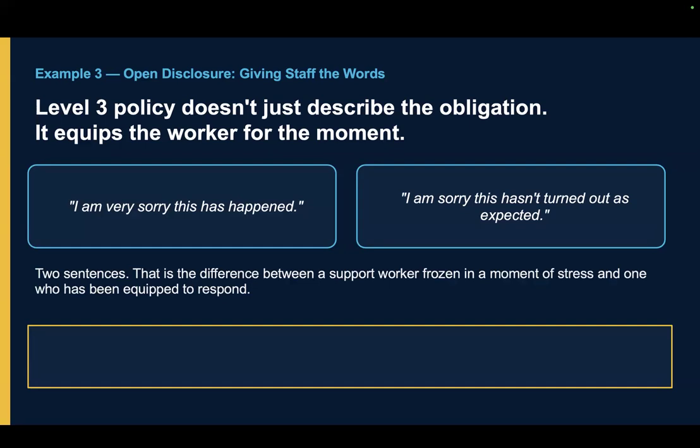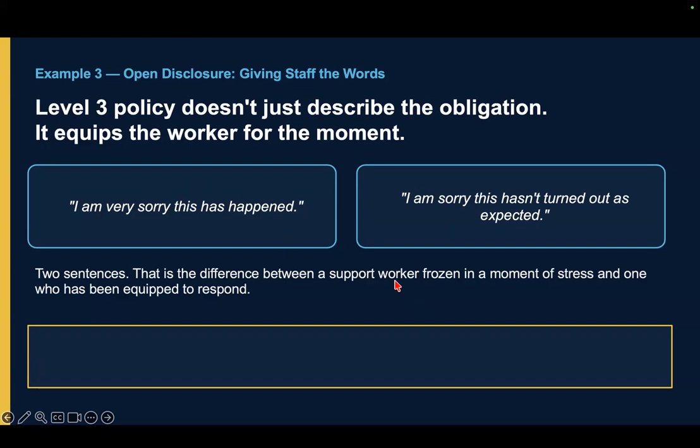Open disclosure is that move towards apologizing for something, but you don't need to take liability for it unless liability is found. But just saying this to people is helpful for them and human.